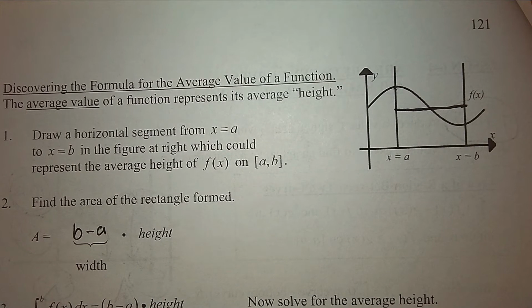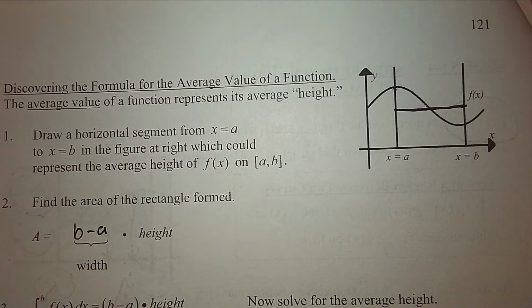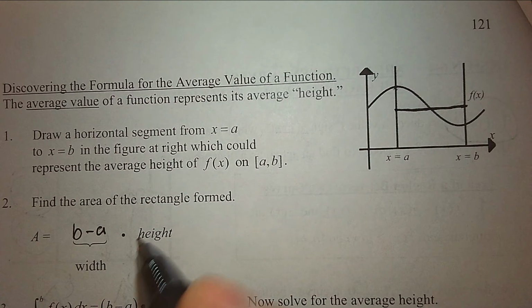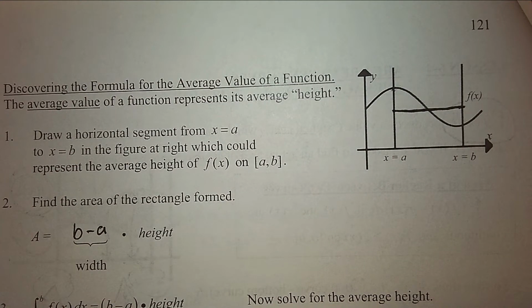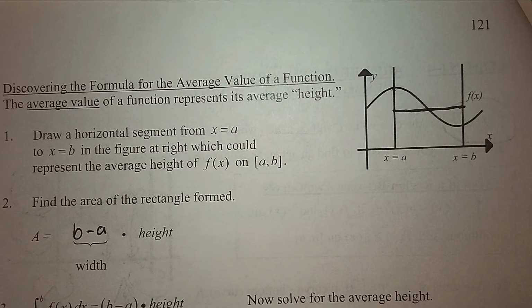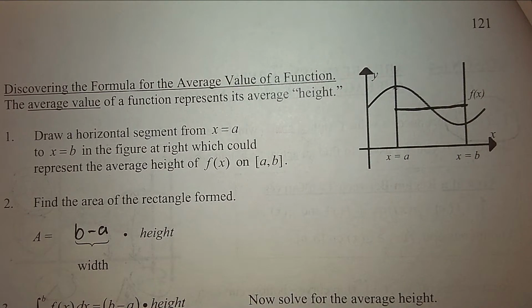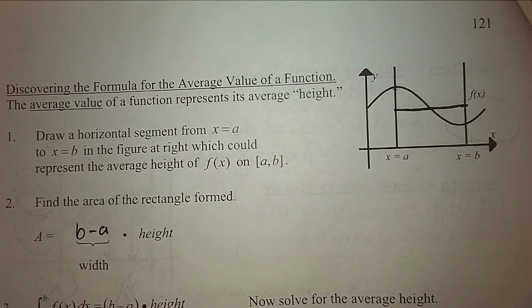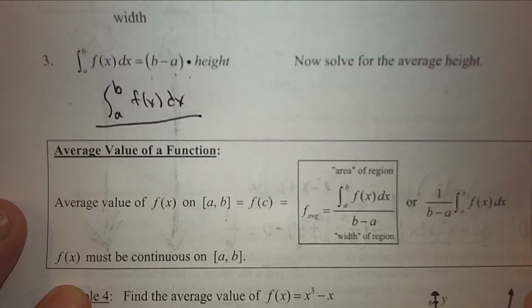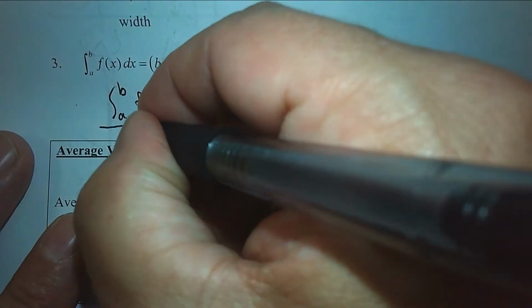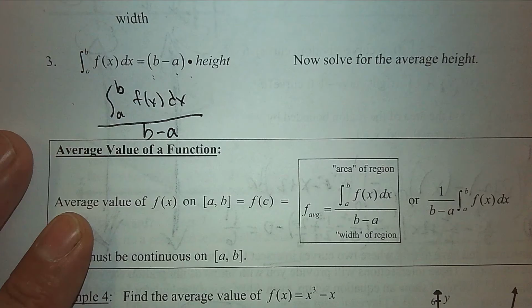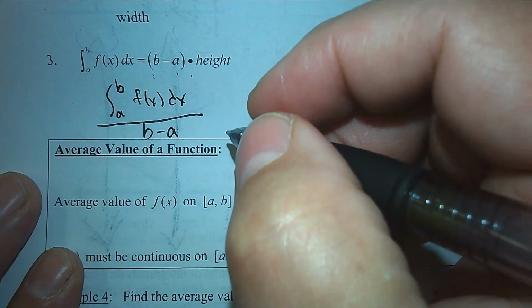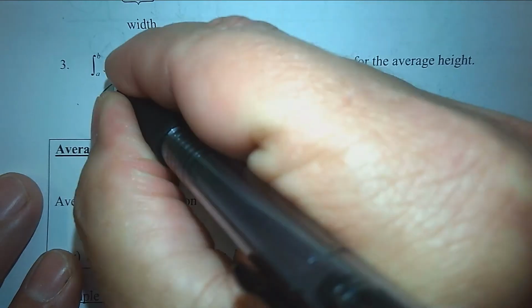And you integrate from A to B. And that's equal to B minus A times the height. So the question is, what do you think the height represents in terms of that? B minus A. So if I integrate from A to B, f of x dx, I have to then divide, this is off my screen, I then have to divide by the difference of the bounds. And that gives me the average height.